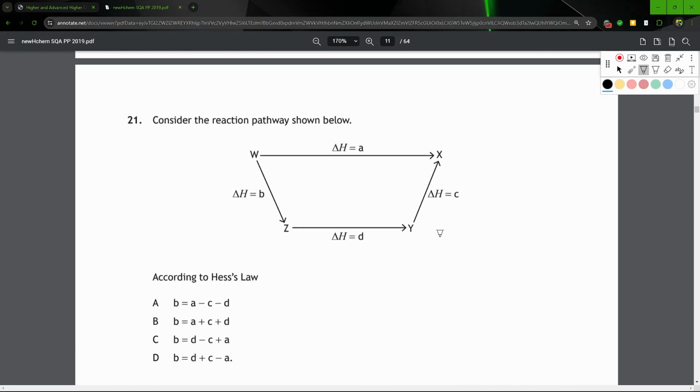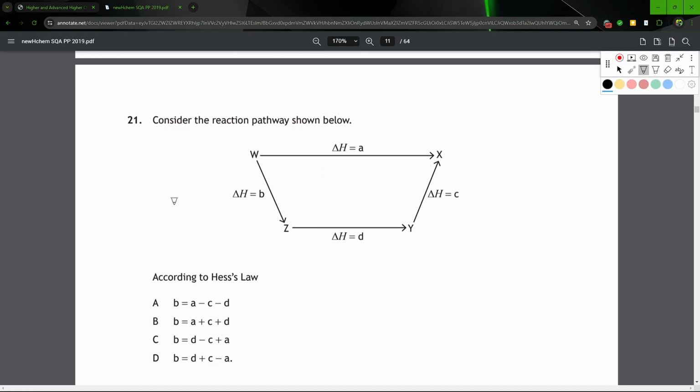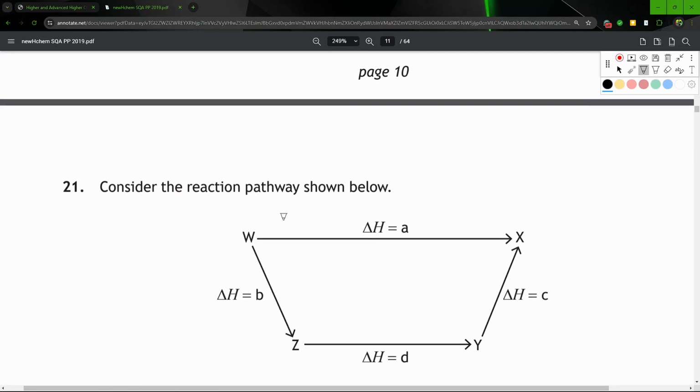Consider the reaction pathway shown below, with W to X as an enthalpy change of A, W to Z has enthalpy change of B, Z to X has enthalpy change of C, and Z to Y, Y to X has an enthalpy change of D. According to Hess's law, it's what? And this, if you do maths and you do vectors, this will be pretty simple for you, because all we need to do is go round here.